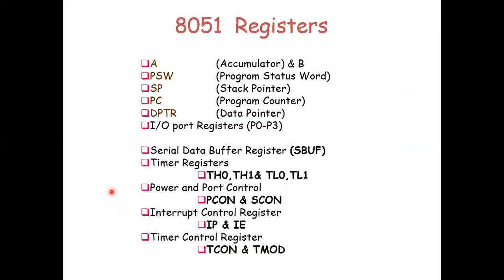The 8051 registers are the accumulator and B register, then program status word PSW, SP stack pointer, PC program counter, DPTR data pointer, and input output registers P0 to P3. Otherwise we have the serial data buffer register, timing register, power and port control, interrupt control register, and timer control register.